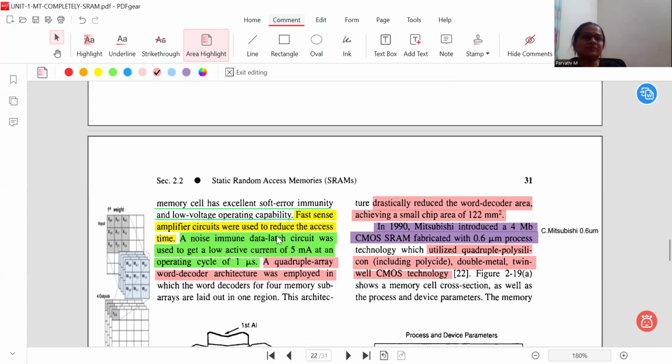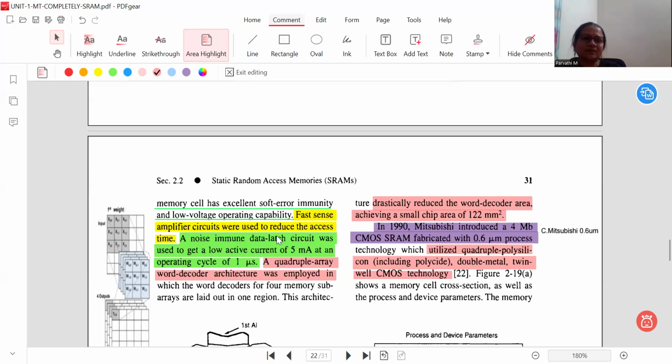When you write a data and do not retrieve the same value, that is an error. So if reading or writing is not perfect, that is what we call a soft error.